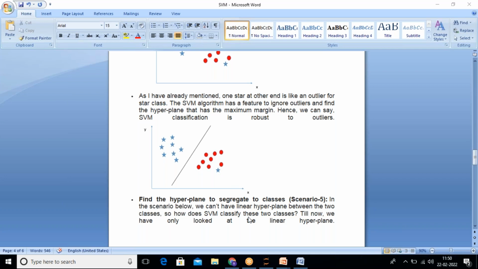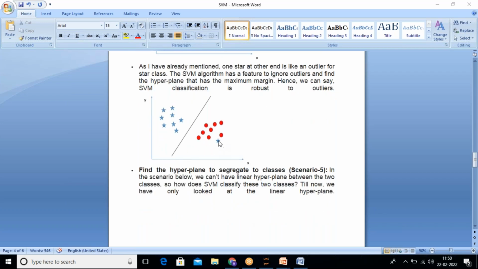I told you SVM is very strict with outliers, so in this scenario this star will be ignored. SVM doesn't count this.